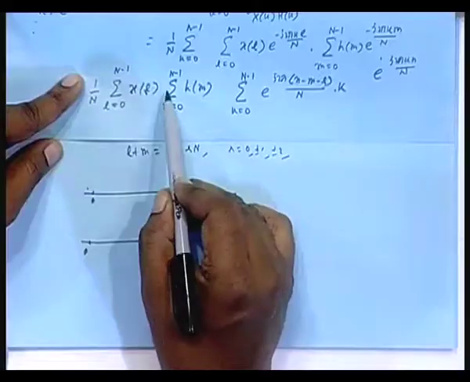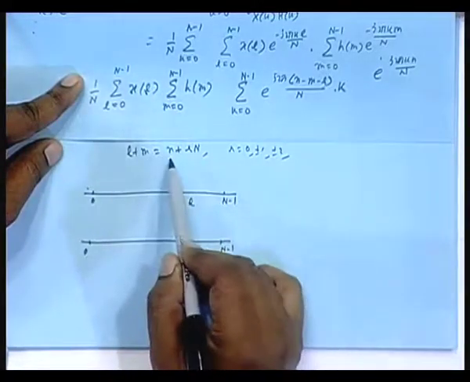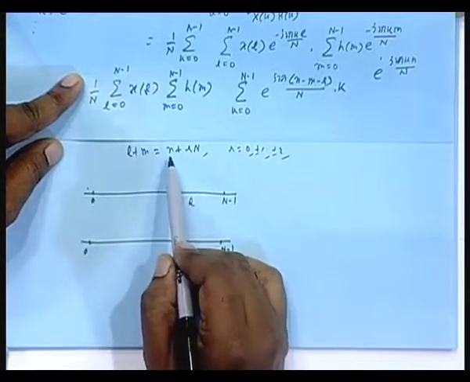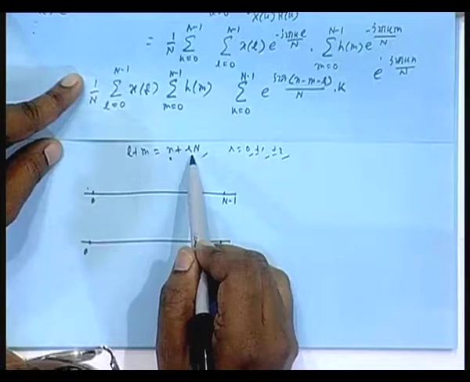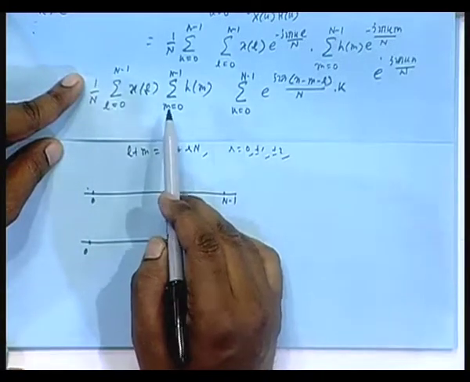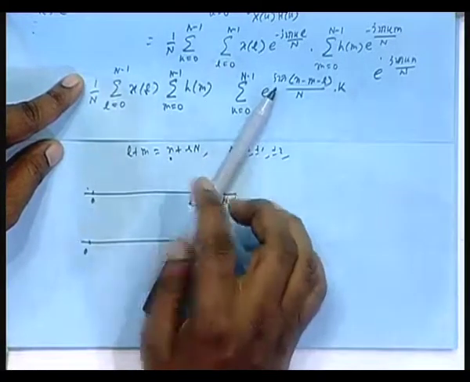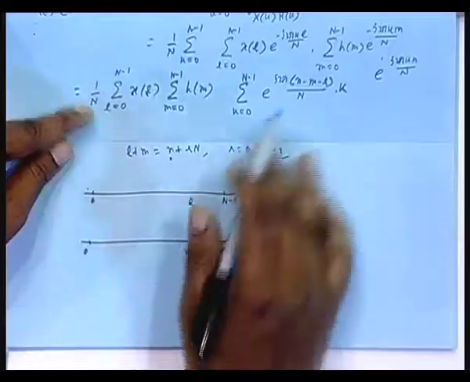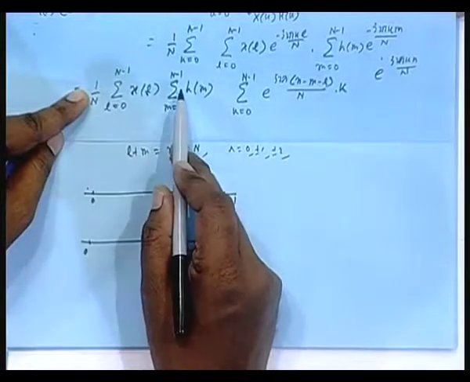So only when m hits small n, this is satisfied, or when m hits n plus capital N, but can small m be n plus capital N? Answer is no, because all the indices have got limited range 0 to N minus 1. Small n plus capital N means you are jumping beyond the range, so that will not occur. So for l equal to 0, small m equal to n, that is enough.